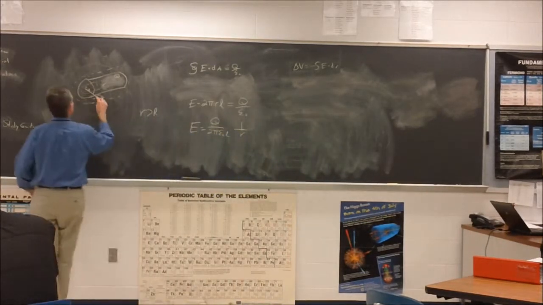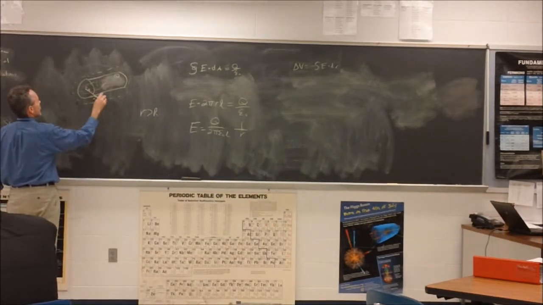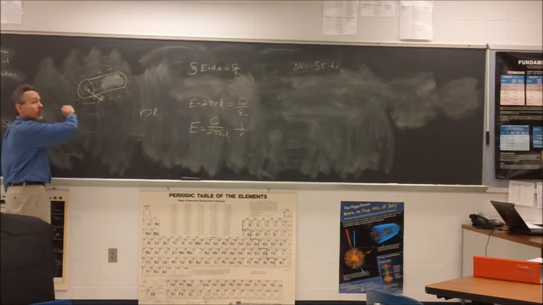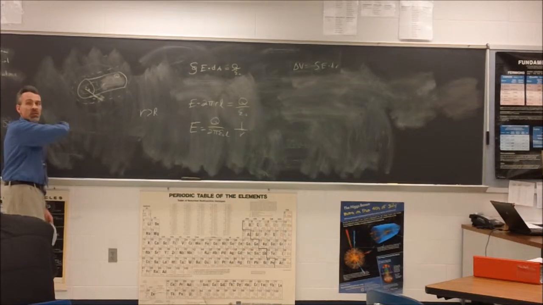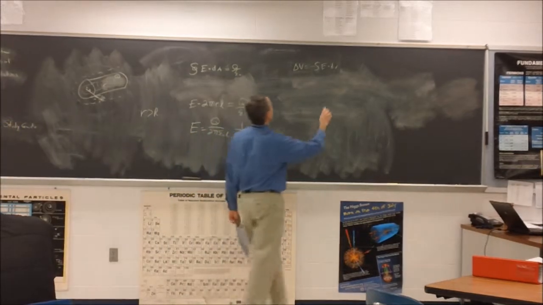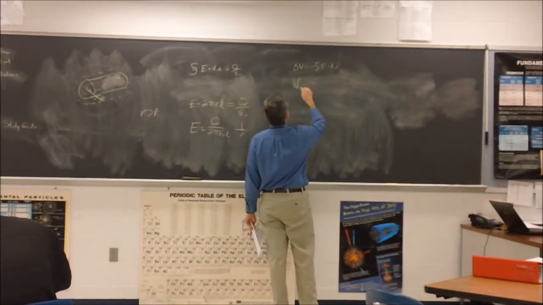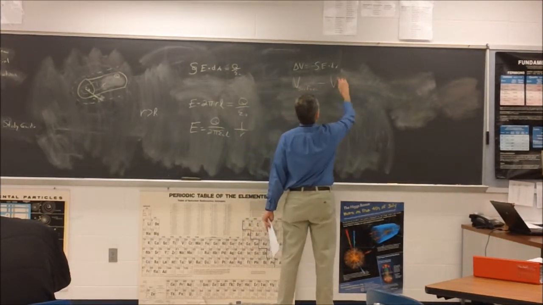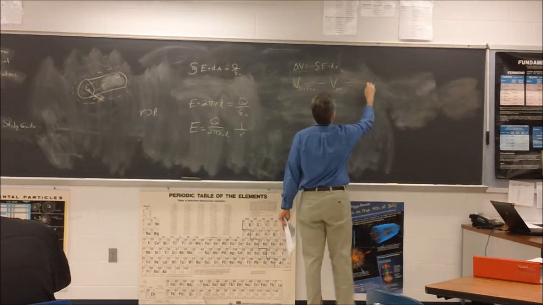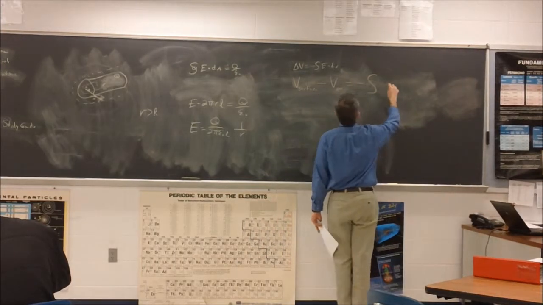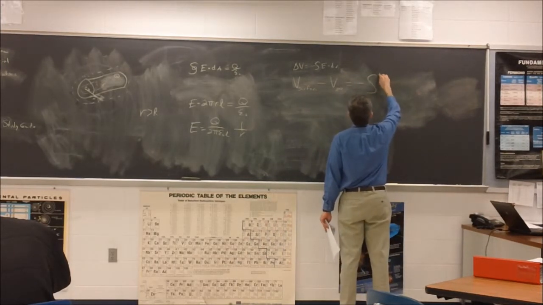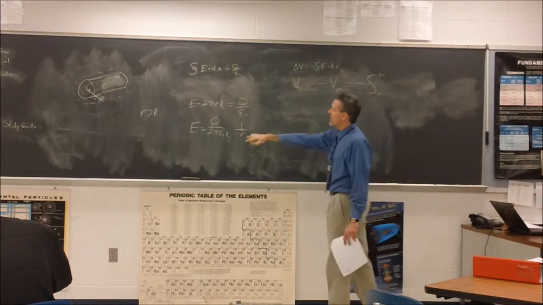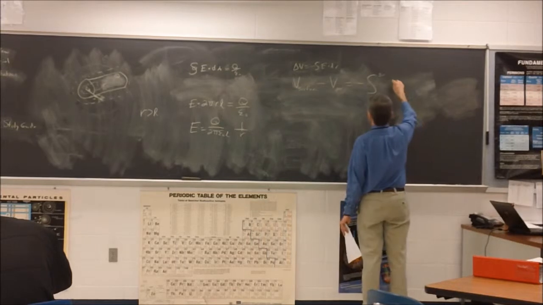Now I'm going to integrate, let's say, from infinity to the surface. So the potential at the surface compared to the potential at infinity. All of this is constant except for the 1 over r.